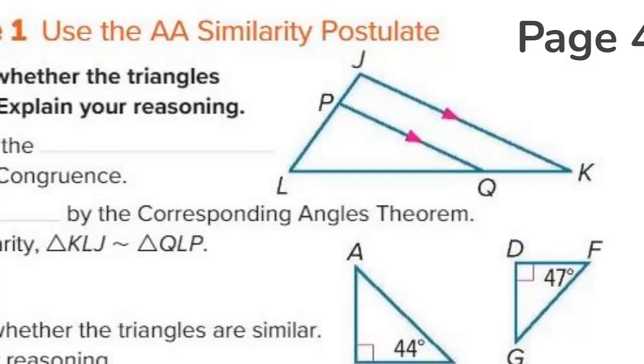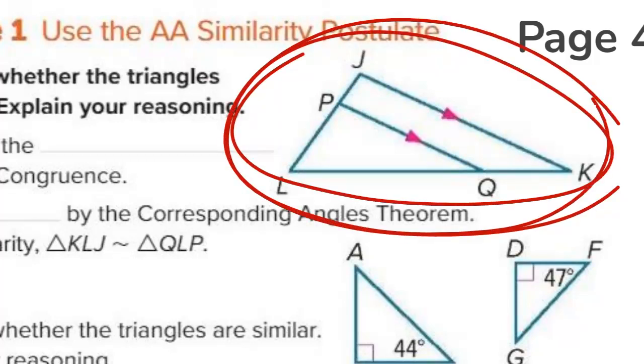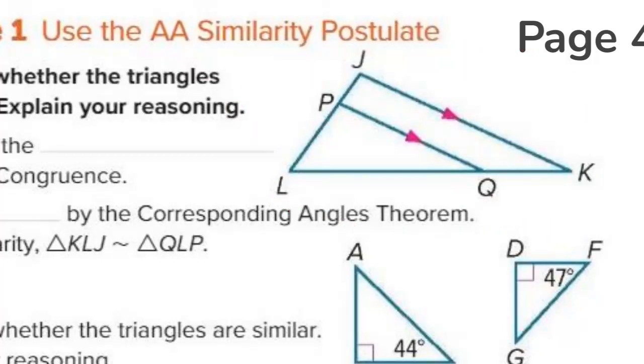The two triangles right here in this first image. We have this little inside triangle, LPQ, and then we have the larger outside triangle out here, LJK.